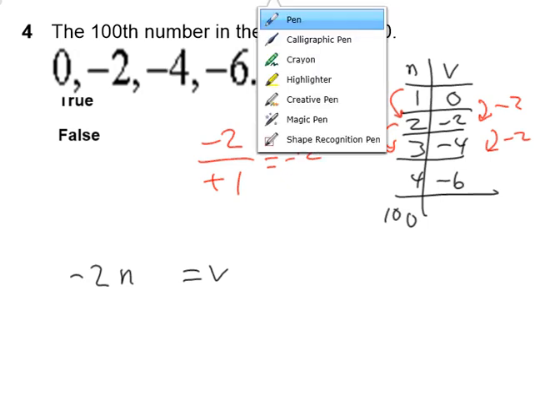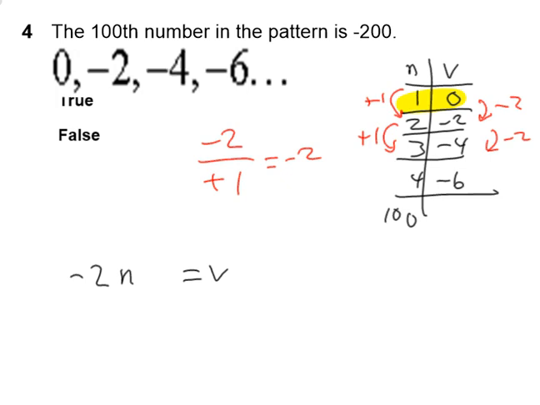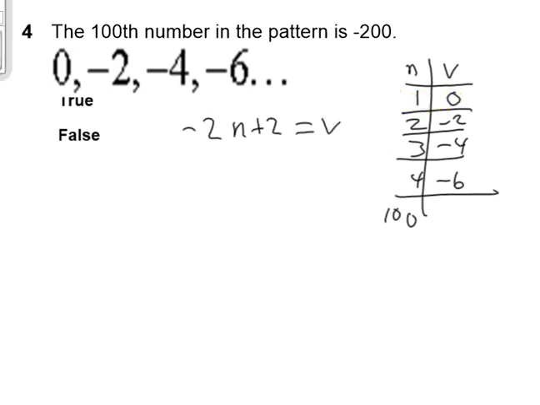I'm going to drop in my first ordered pair, -2 times 1, simplify, and realize that -2 does not equal 1, but a constant of +2 balances the sides. So now we have your equation. The question says, what's the 100th number?